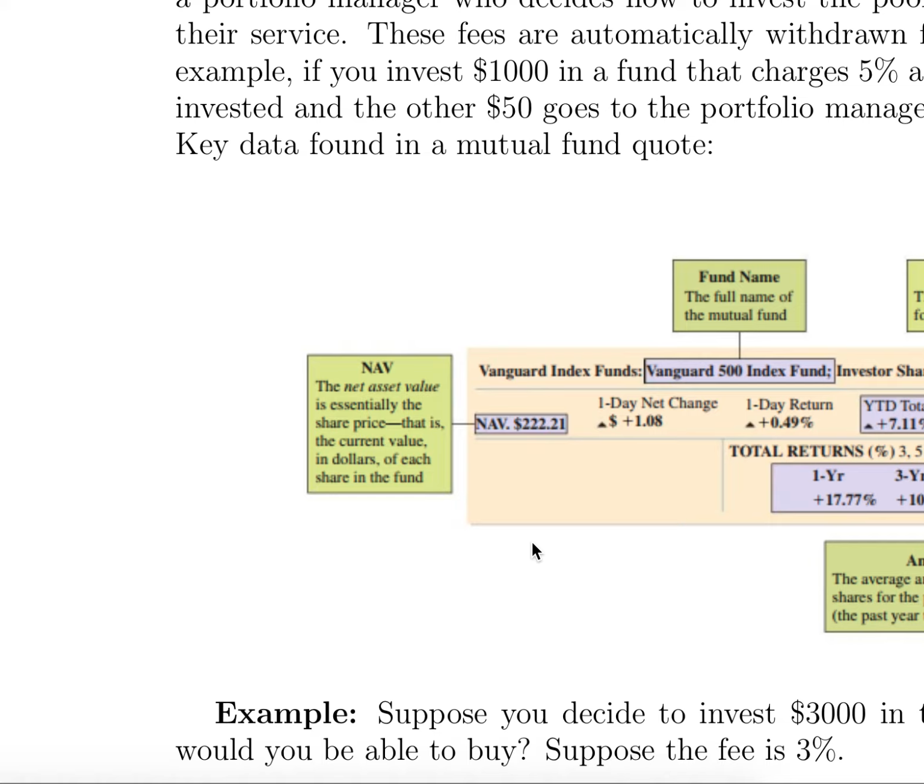So basically this NAV symbol means that that is going to be the price you pay to buy into this stock. So the price of a share is going to be $222.21 just for one share.